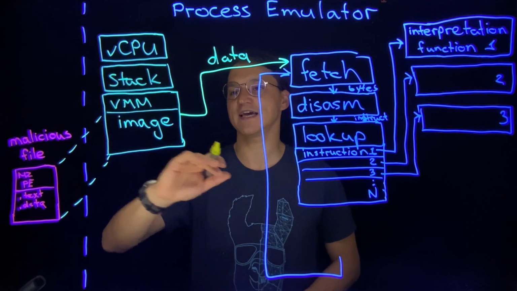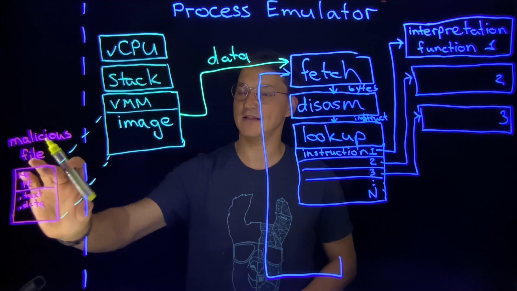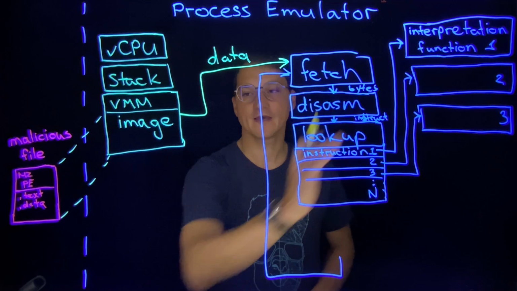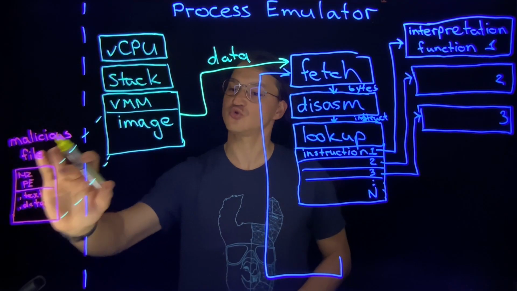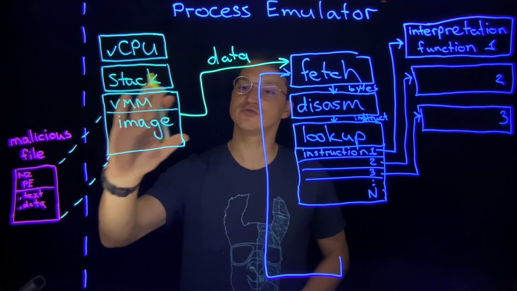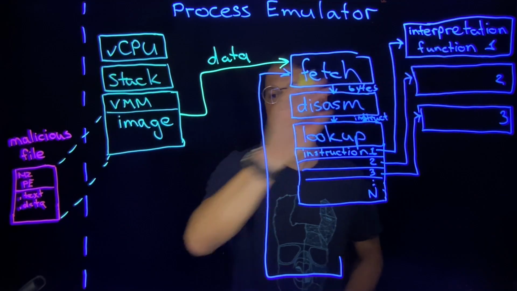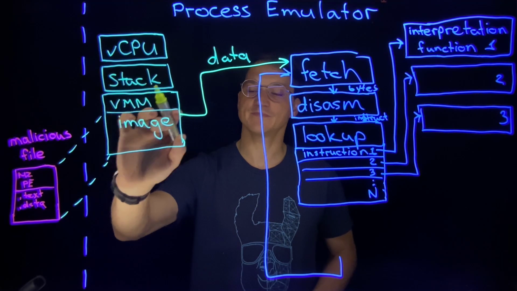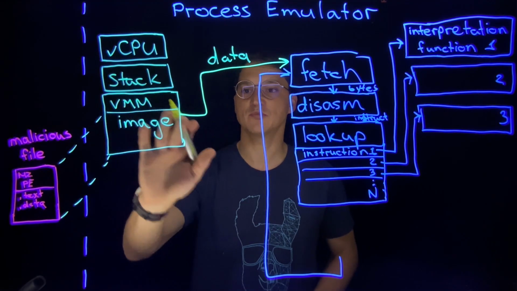Stack is the virtual stack, and then VMM is responsible for mapping the original file into memory space of emulator, and also translation of the original virtual addresses, the source virtual addresses of the malicious file, into the virtual addresses inside the emulator. So when instruction tries to read source virtual address, it actually gets translated to target virtual address, and the memory is read inside emulator process.